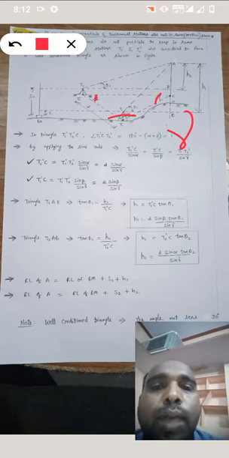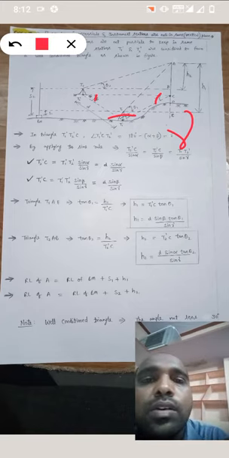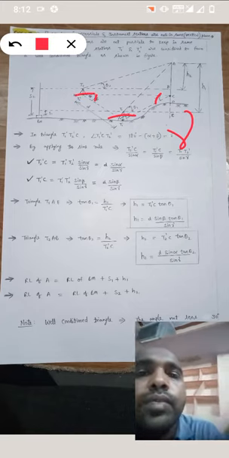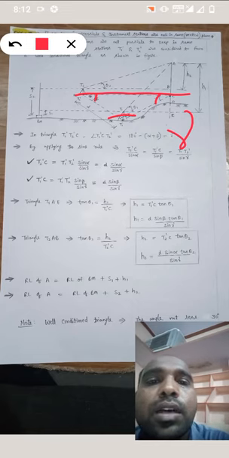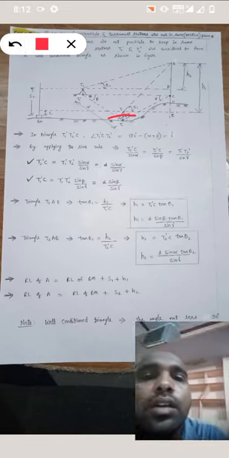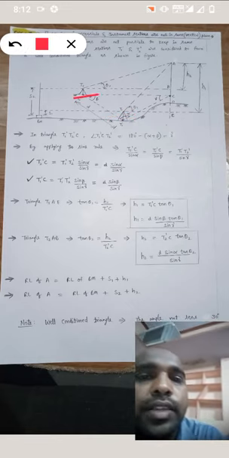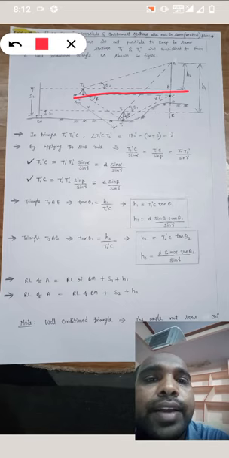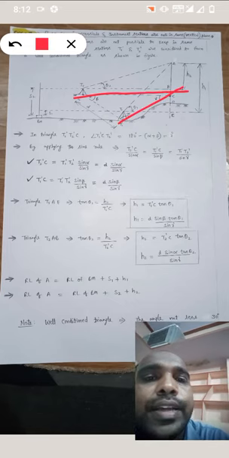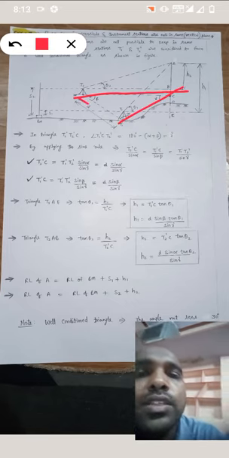By applying the sine rule to T1 dash T2 dash C, first one is T2 dash C, next one is T1 dash C, and T1 dash T2 dash.